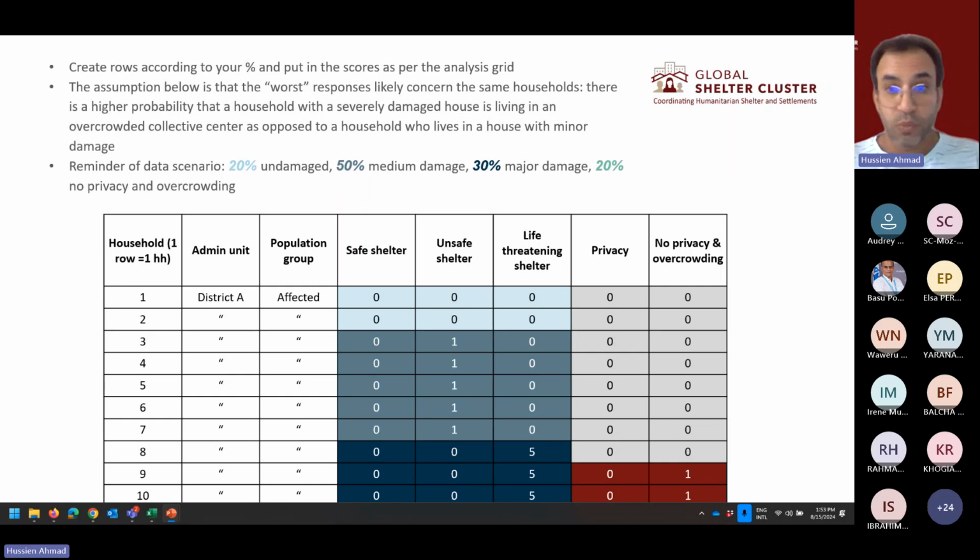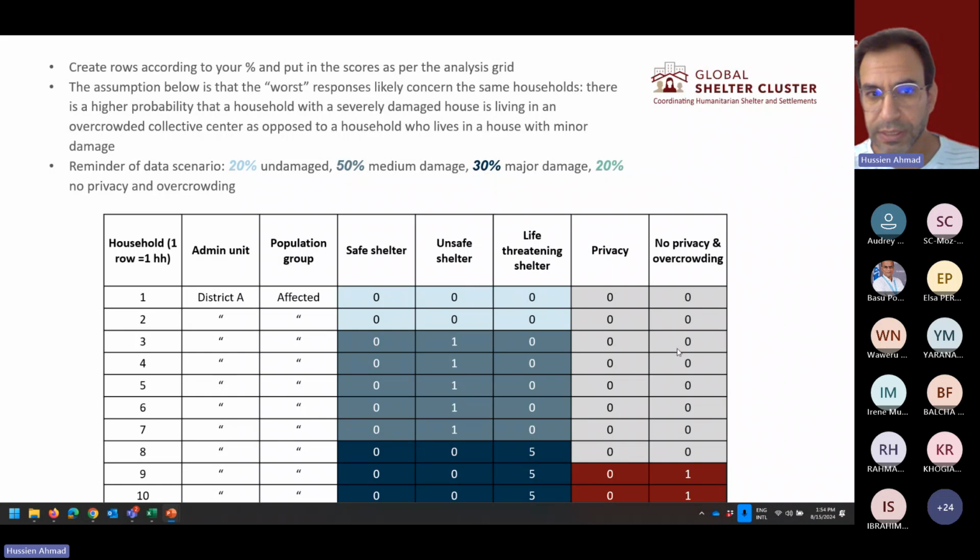So basically, we take the worst case scenario to ensure that we are not leaving one behind, and we are not undermining the severity. We are not undermining the situation. So we tend to take the worst case scenario when we populate this data set.